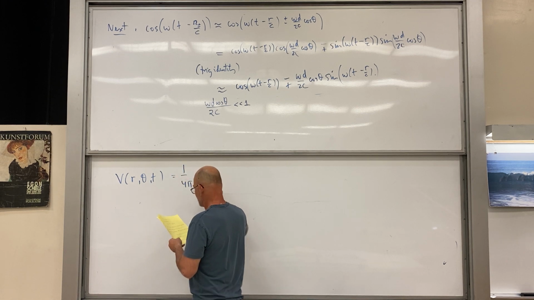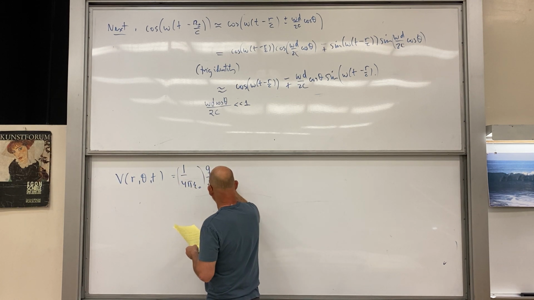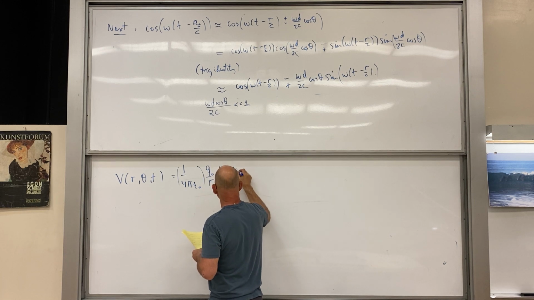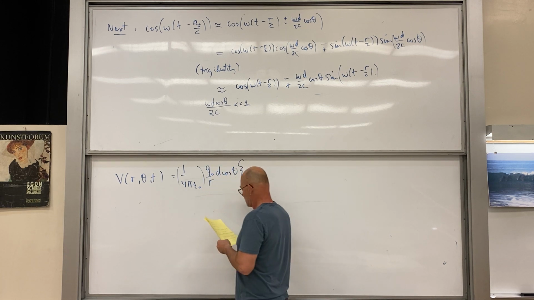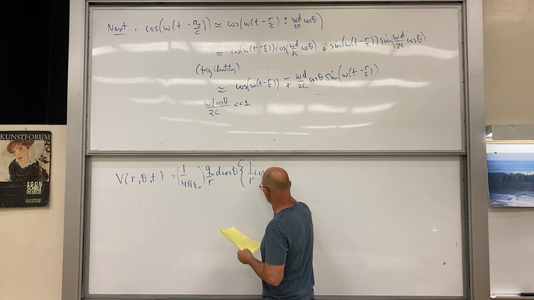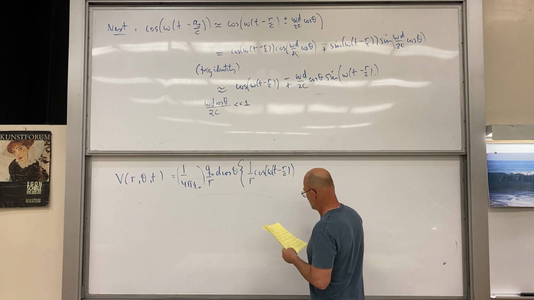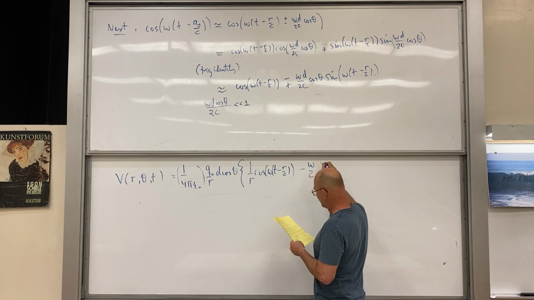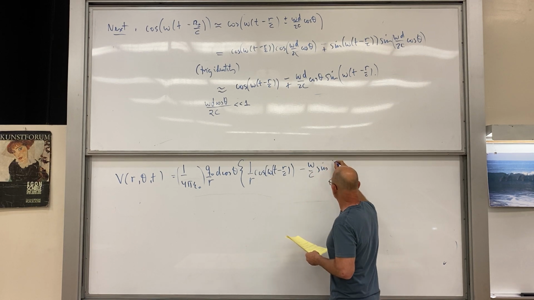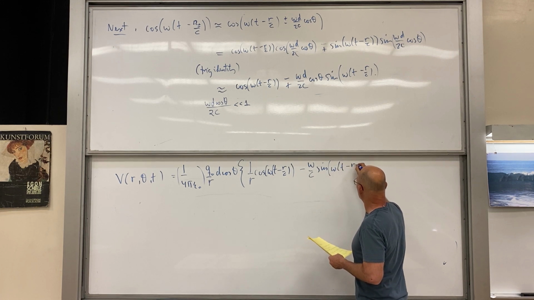1 over 4 pi epsilon naught, q naught divided by r, d cos theta, cosine omega t minus r over c minus omega over c sine omega t minus r over c.